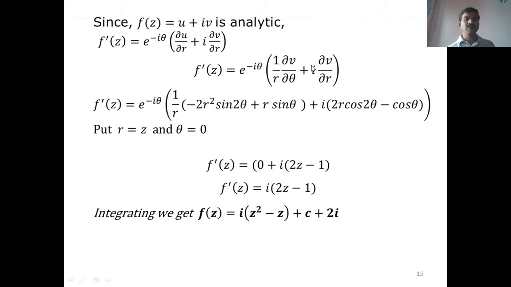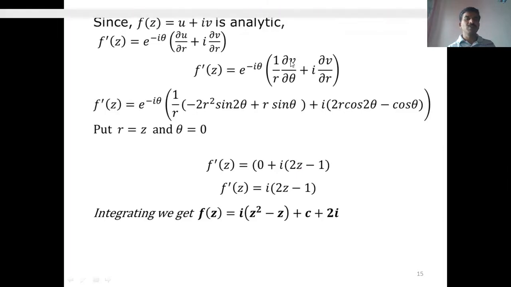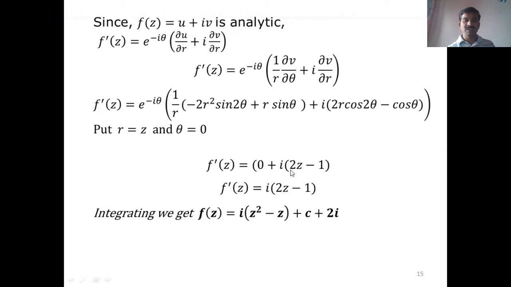Substituting these two derivatives, we get this derivative. By the Milne-Thomson method, we replace r by z and theta by 0 in the polar form, and we get this relation.